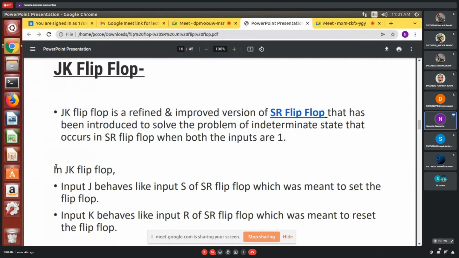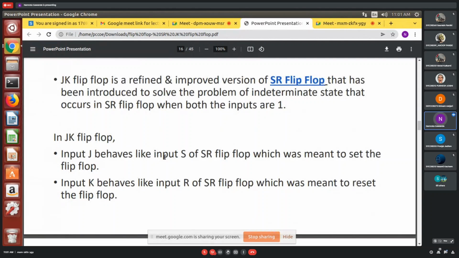In the JK flip-flop, input J behaves like input S of the SR flip-flop. See over here, input J is nothing but input S, which was meant to set the flip-flop. And input K is like input R of the SR flip-flop, which was meant to reset the flip-flop.